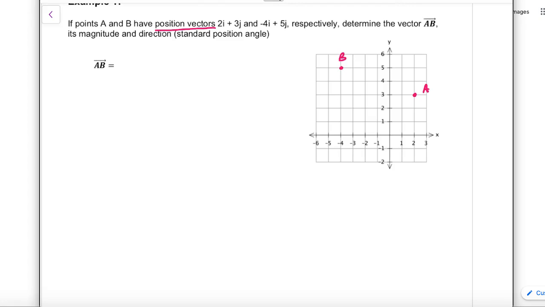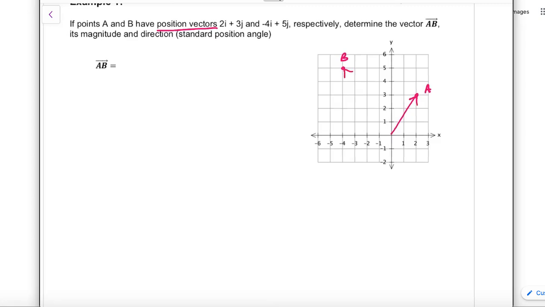So what we want to do is draw in that vector from the origin for each of those points. So our next task is to define the vector AB from A to B, in that order, in that direction.